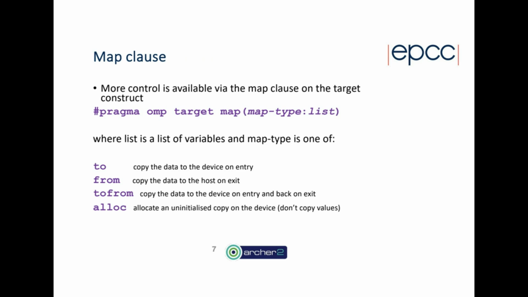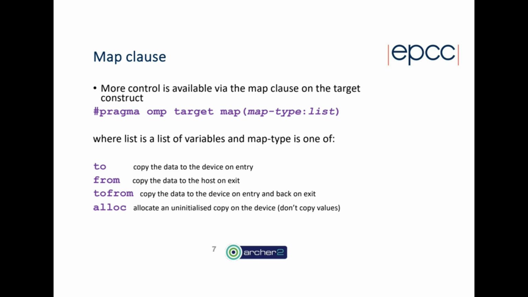So in general, though, we want to control the data movement, and this is done by the map clause that appears on the target construct. The map clause consists of a map type, colon, a list of variables.